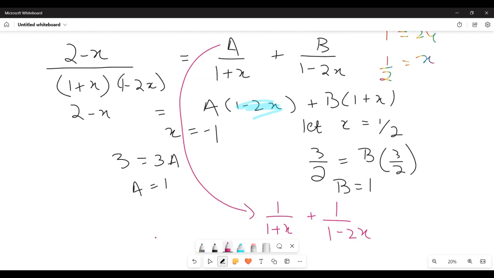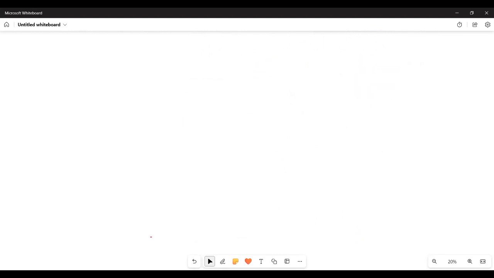ओके, अब बस जल्दी से सारे केसेस देख लेते हैं पार्शियल फ्रैक्शन के। सो अगर डिनोमिनेटर में लीनियर होता है, लाइक 3x upon (1 minus x)(1 plus 2x).